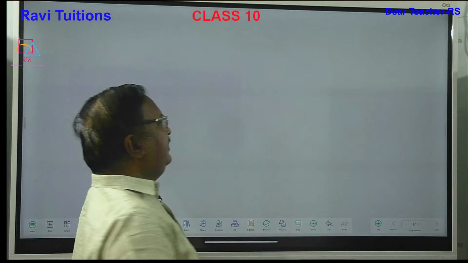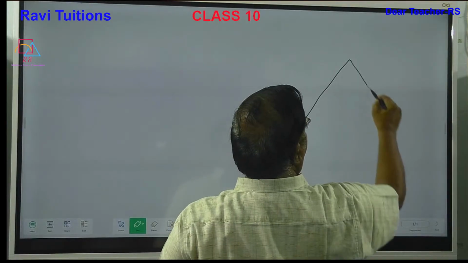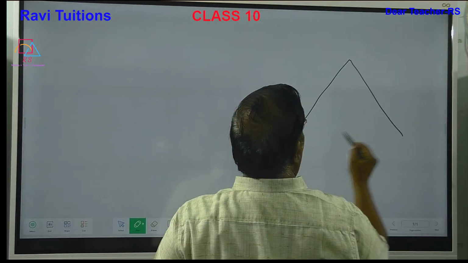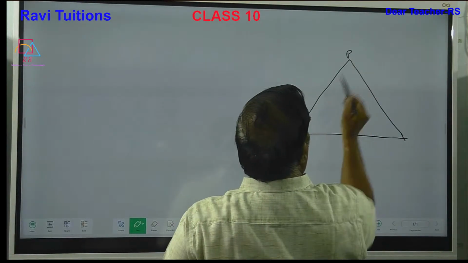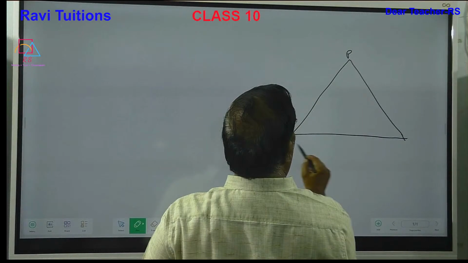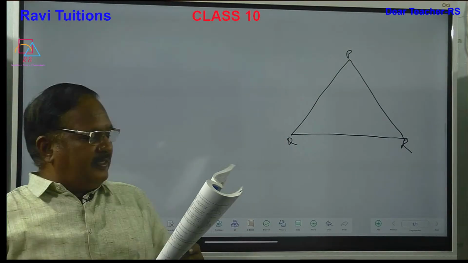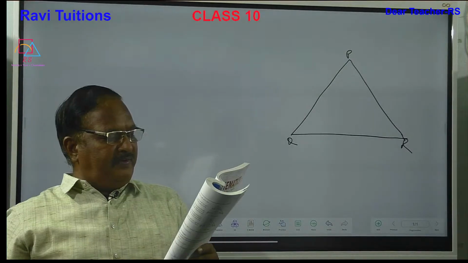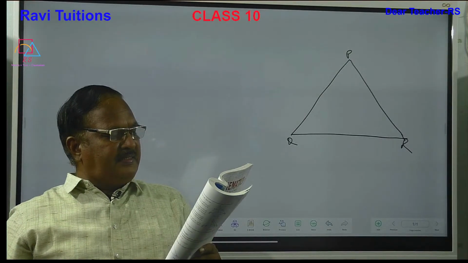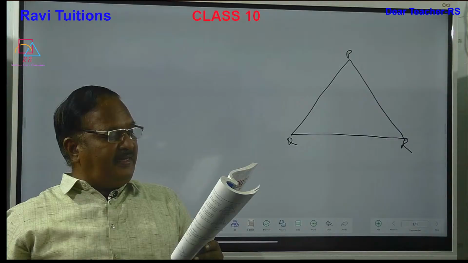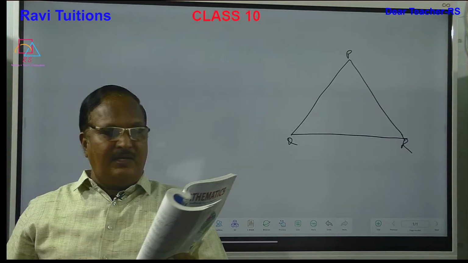PQR is the triangle. He has given it very clearly. E and F are the points on PQ and PR respectively, such that... state whether EF is parallel to QR or not.